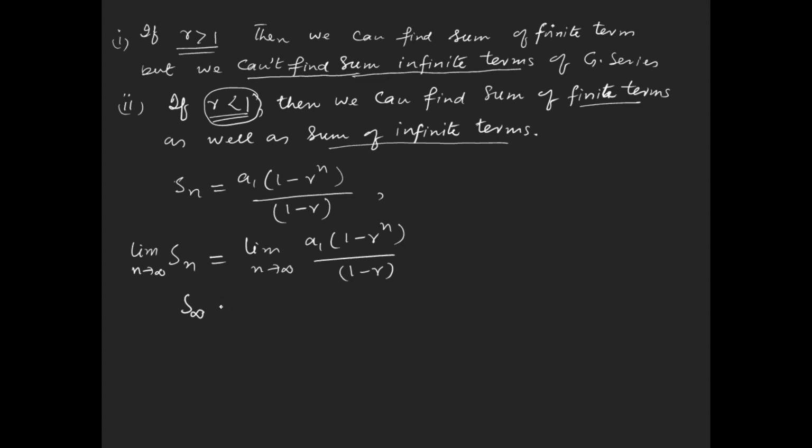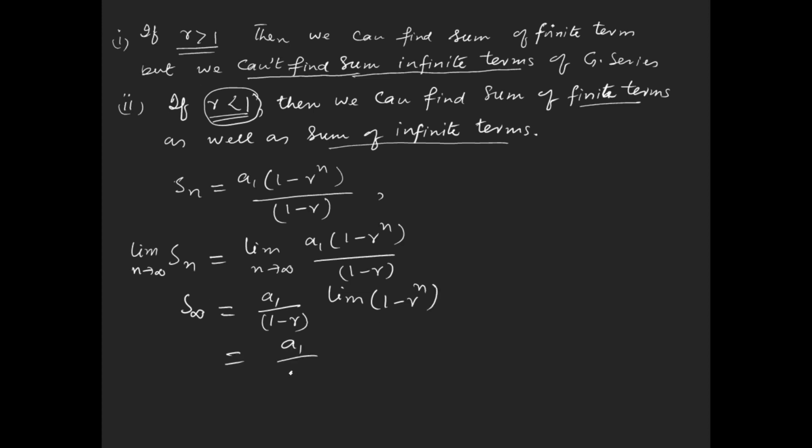So S infinity equals, a1 does not have any n, so it comes out, divided by 1 minus r. 1 minus r does not have any n, so the limit will be applied only on 1 minus r power n.